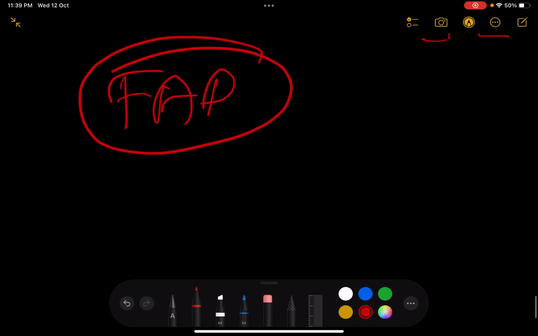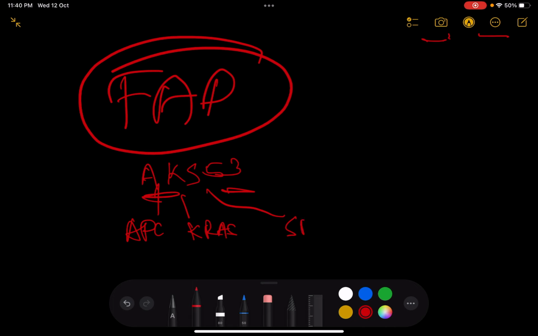What matters in FAP is the entire sequence. So the mnemonic I use is AKS53. A is for APC, K is for KRAS, S is for SMAD, and 53 is for P53.